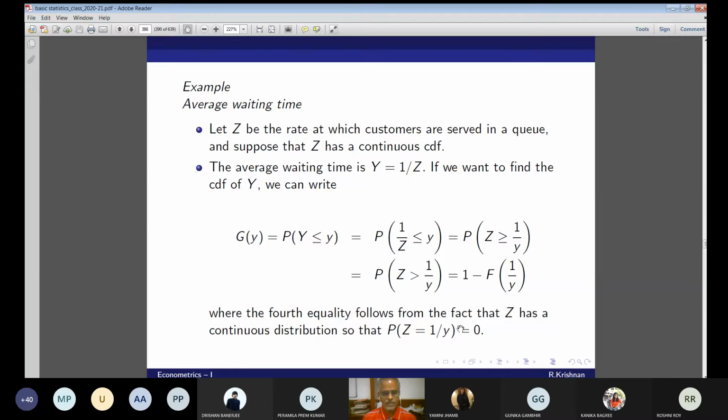Z has a continuous CDF. The average waiting time is 1 by Z. So Z is one random variable and another random variable has been defined. This is a very simple example. If you want to find the CDF of Y, P(1/Z less than or equal to y) is P(Z greater than or equal to 1 by y).